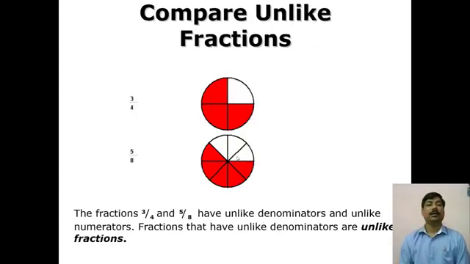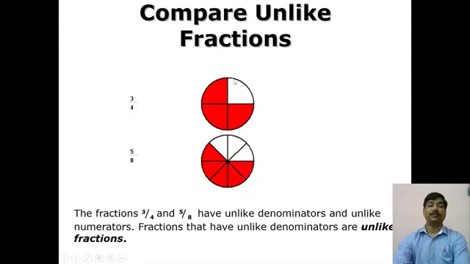Now we will compare unlike fractions. Unlike fractions means a group of fractions in which the denominators are not the same. The denominators are different. We take some example.